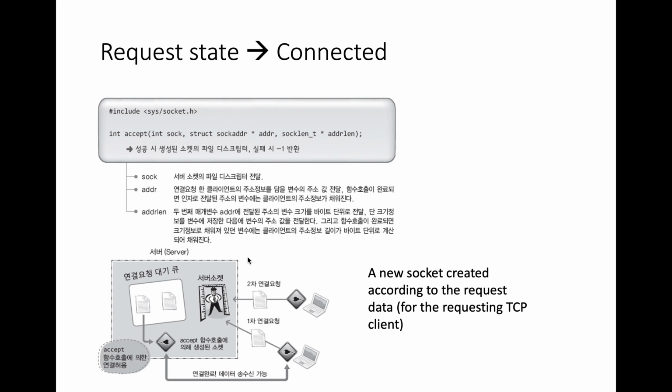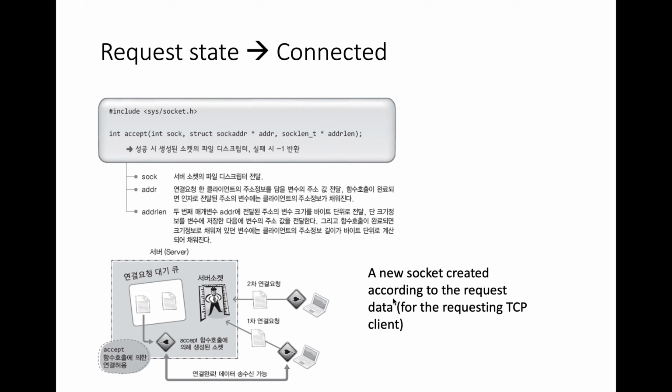And the next one is accepting. So we have the list of connection requests, right, in our queue. From that queue, what the server socket does is it will just pick the first client that made a connection request. It will just pick and accept that connection request.